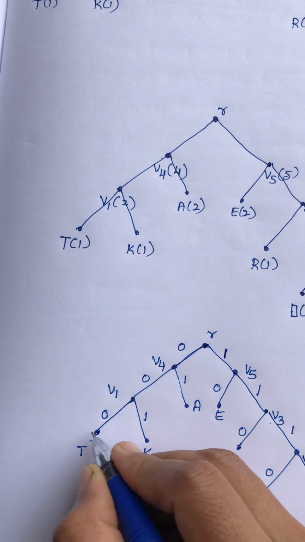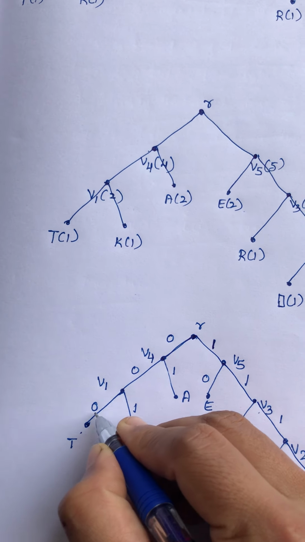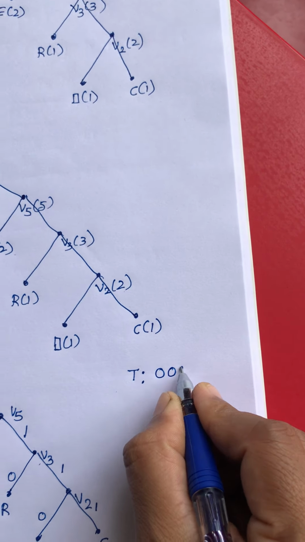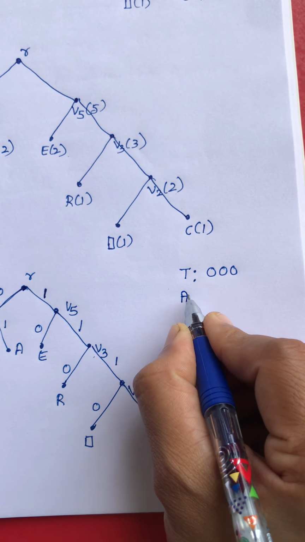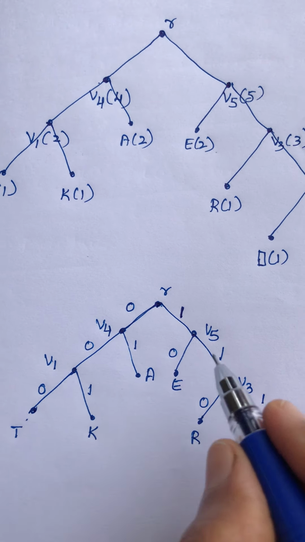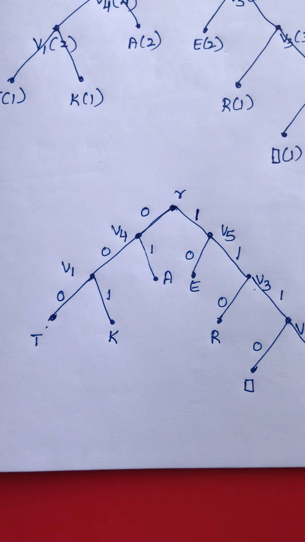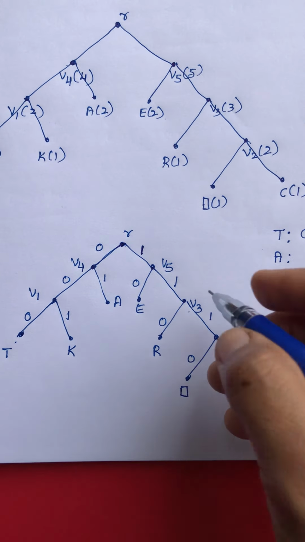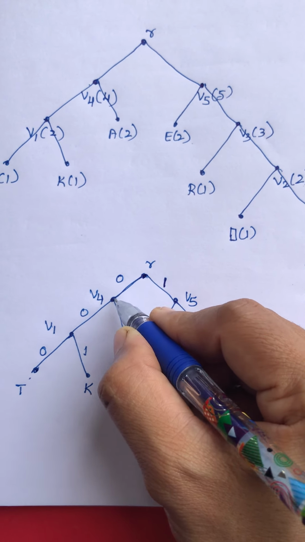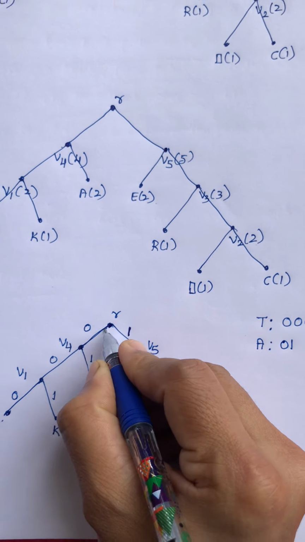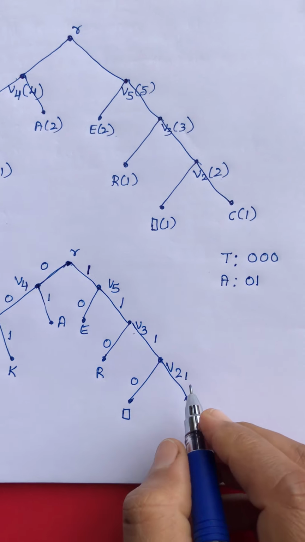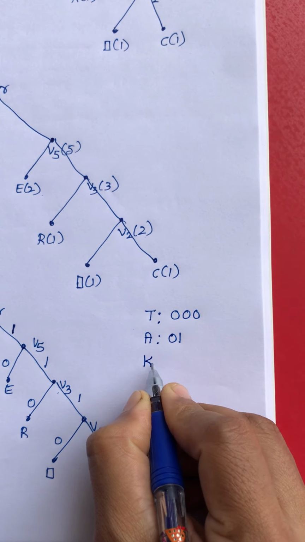This is the path. That means 0, 0, 0. Then we have A. From R to A, 0, 1. This edge is 0, this edge is 1. Then we have K.